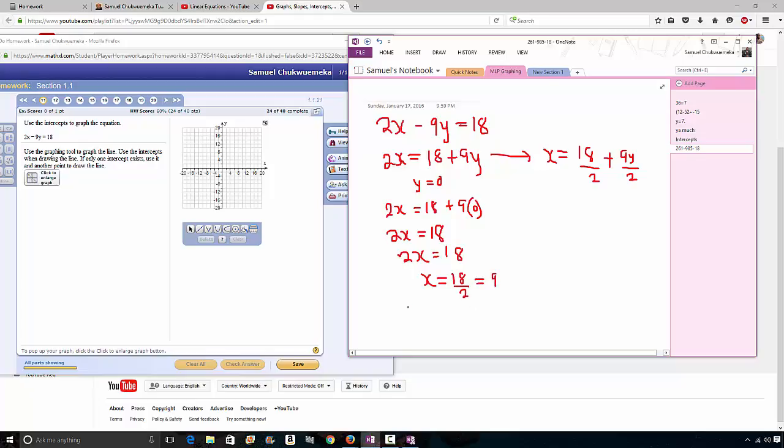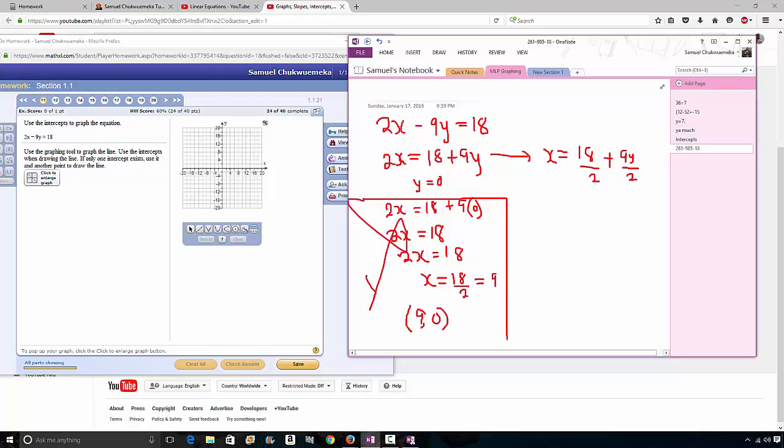So the x-intercept will be 9 and 0. But I recommend, first of all, solve for x.